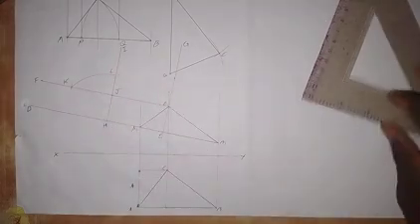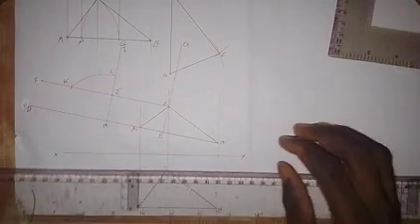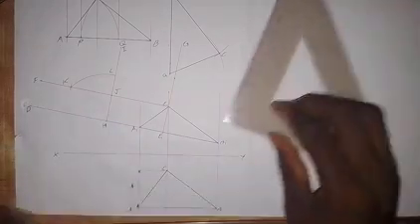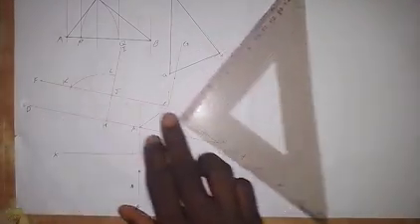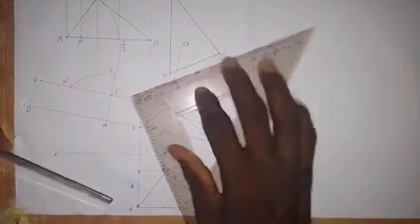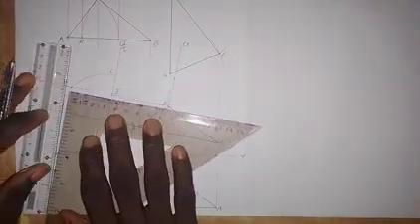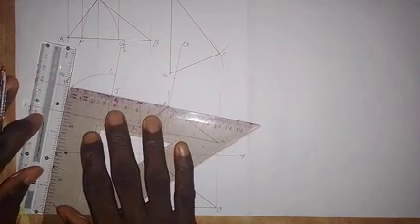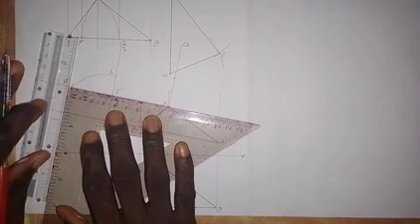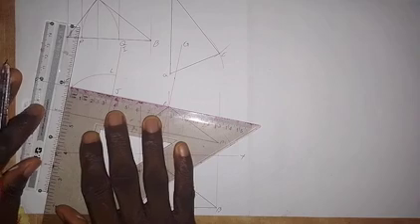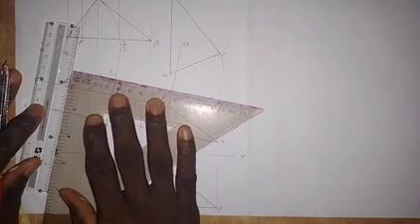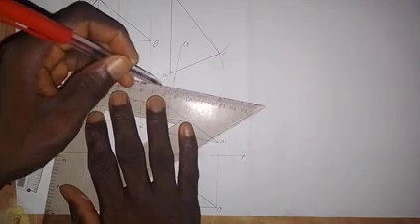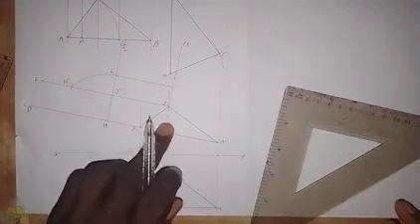Now, from point L, I'm going to draw a line that will be parallel to this line, C1F. So I will set my set square along this line C1F, and then shift the set square to point L like this. Here I will draw a line to meet this line.